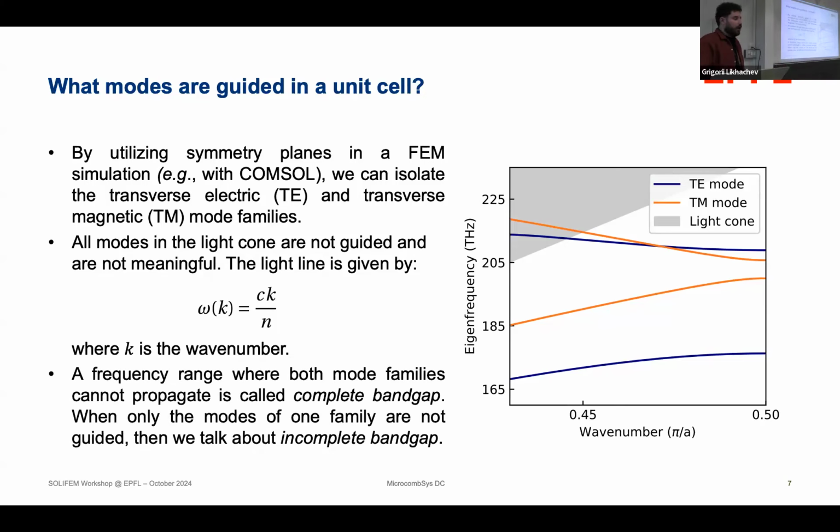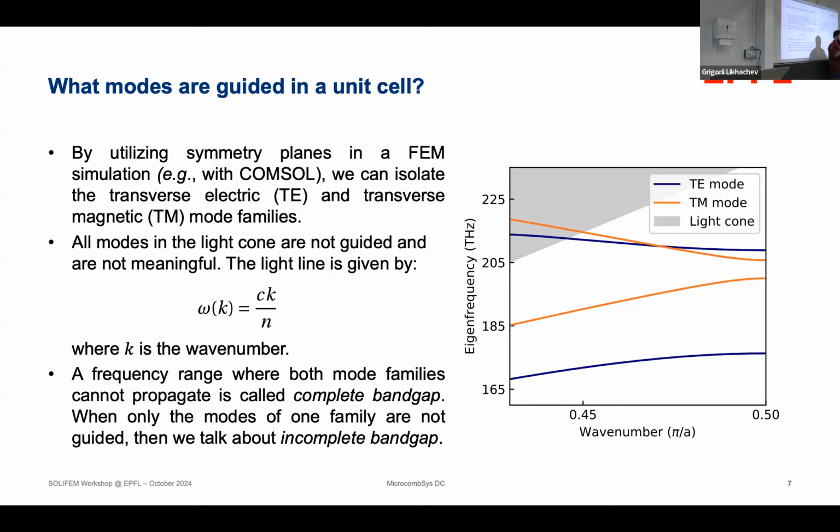Just about terminology, let me say it out loud. Let's look at the TE mode. It's a very nice band gap, it looks big, especially compared to the TM mode. But you can see that in these 2 regions, the TM mode can propagate, right?